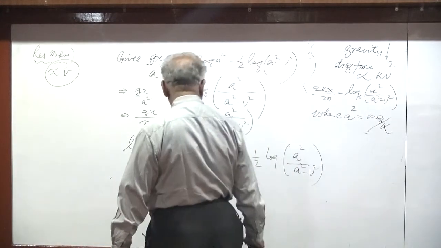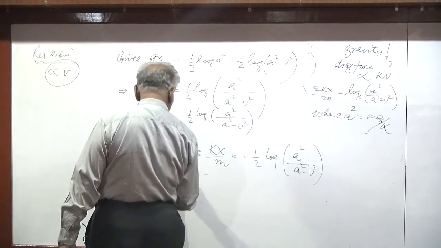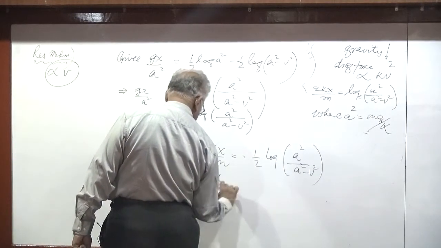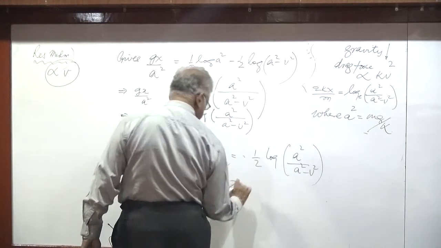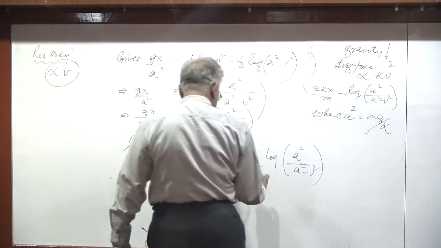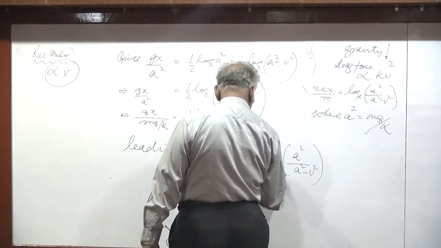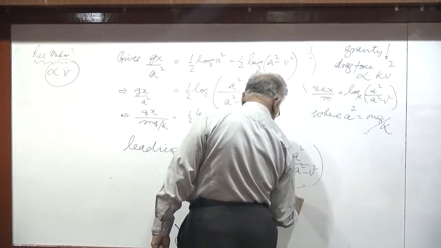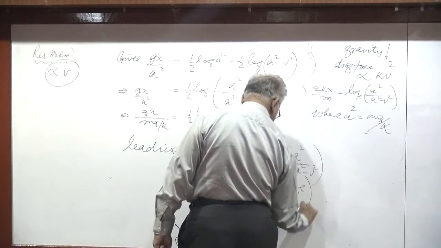If we just multiply by 2, we get 2kx over m is equal to log a square over a square minus v square.